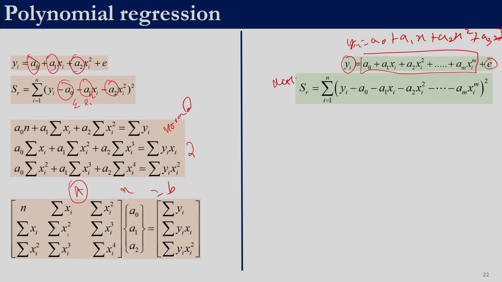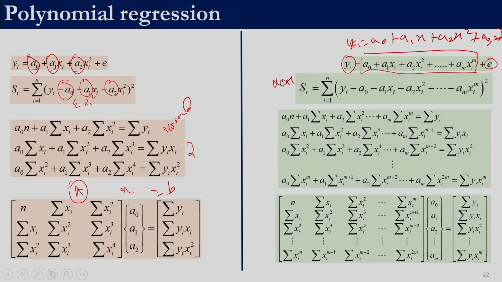To minimize this, we need to apply the stationary conditions. Here again it would be m plus 1 equations, because remember we have m coefficients from 1 to m, and then we also have this A naught. Right now we are not talking about a model without a constant coefficient, we are only talking about higher order polynomial terms being present in the model.